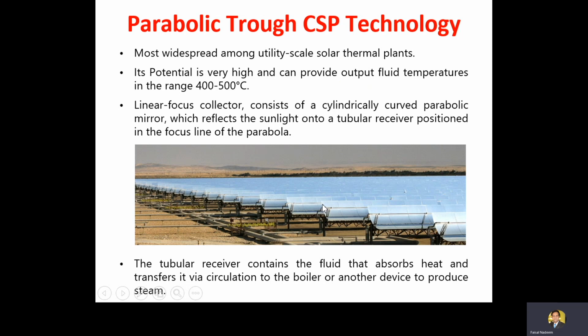So what does this parabolic trough collector do? When the sunlight or the solar radiation is incident on these parabolic troughs, which are reflective surfaces, and these reflections are made by installing mirrors on them, by making them with shiny surfaces, or by coating them with some type of shiny sheets.